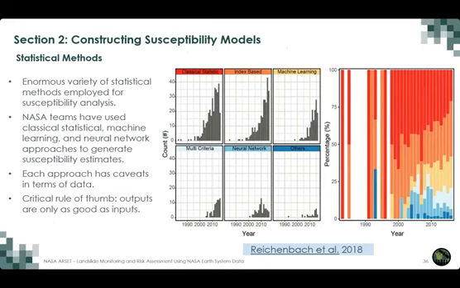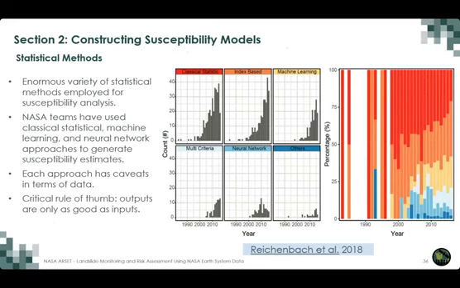These are certainly more used in recent work, although a significant amount of classical statistical approaches remain as well. NASA teams have used a number of these tools. We've used regression analysis, machine learning, and more recently neural network and AI-based approaches to assess susceptibility.